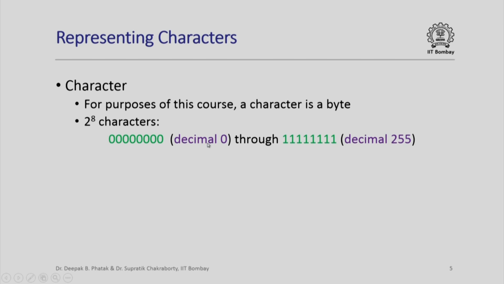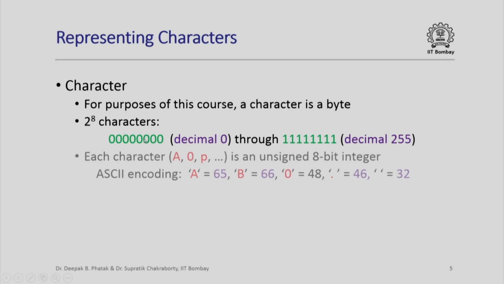So the all zeros is the decimal 0 and the all ones is the decimal 255, where there are exactly 8 bits in each one of them.